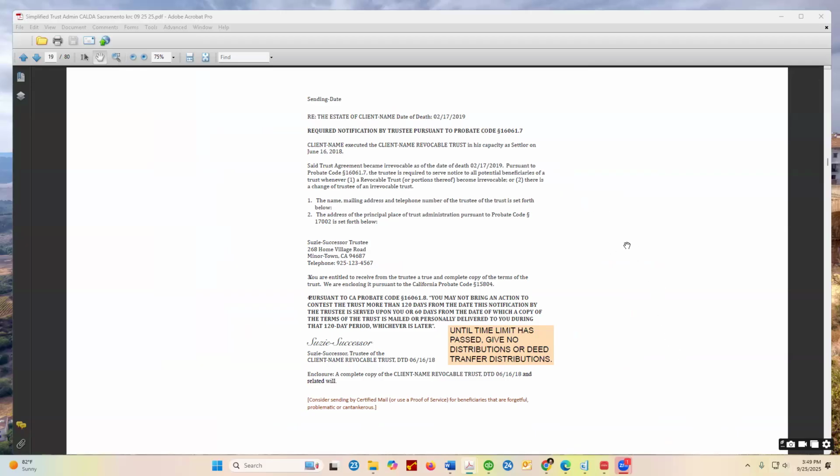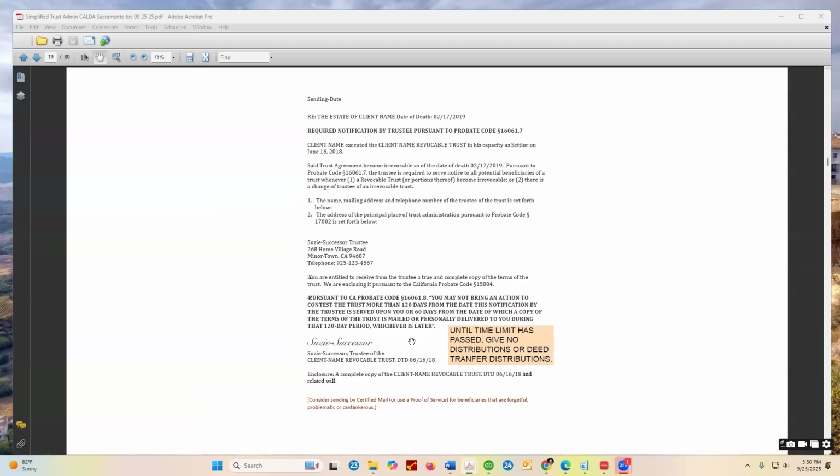This is an example of a 16061.7 notice, and just again, the purpose of this is to give the beneficiaries notice of the irrevocability of the trust and that they have a right to know this information, the trustee's address, contact info.